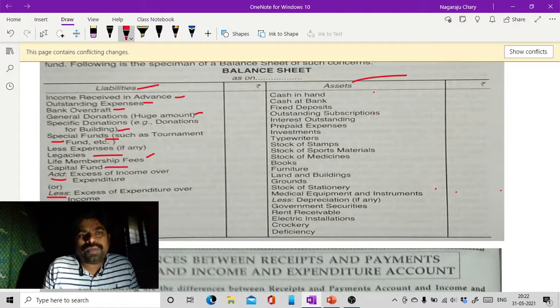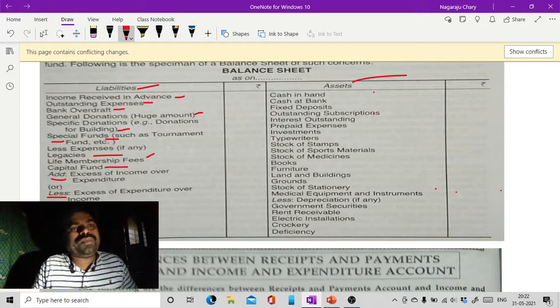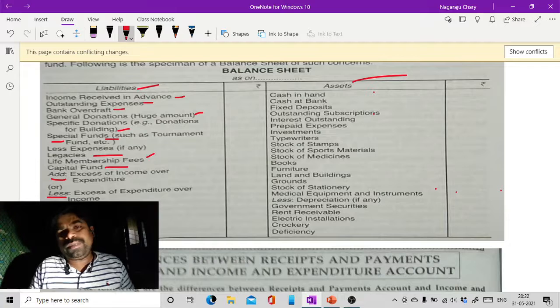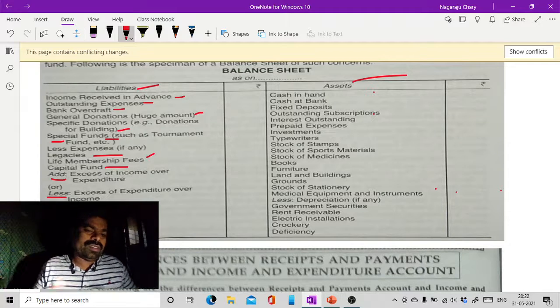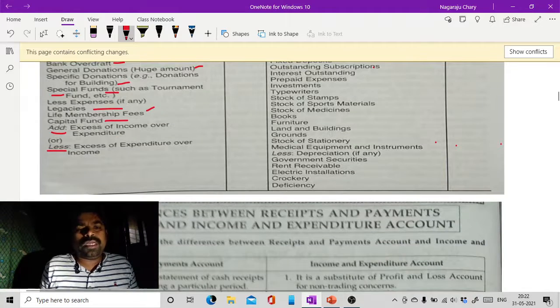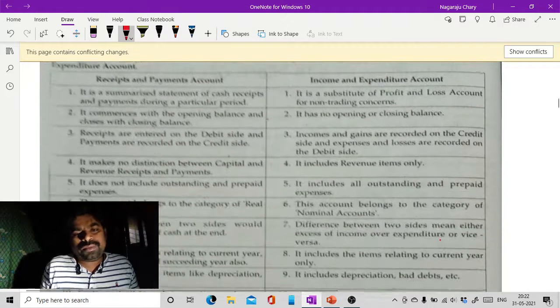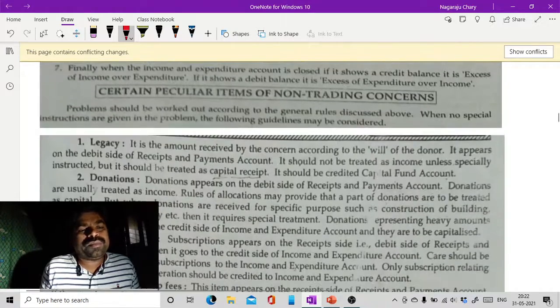So now we know how to prepare the receipts and payments account, income and expenditure account, and balance sheet. We also know the special terms. With the help of this knowledge, we are going to start preparing the problems.